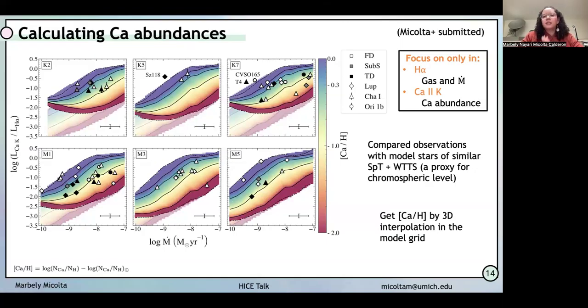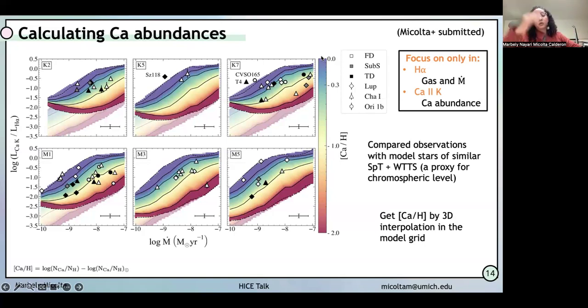So again, taking into account the chromospheric level of these stars, which is significant, especially for low accretors and earlier spectral types. And then we compare our models to the model grid that we also have for a very wide range of abundances. So that's the color. The purple is solar.